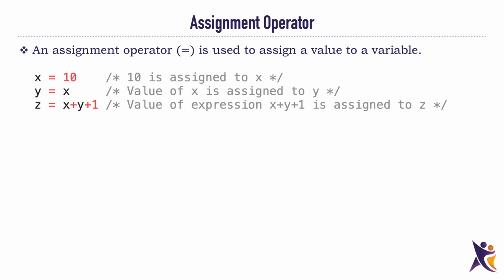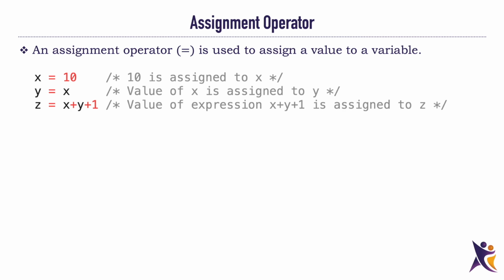In the third expression, we have z equal to x plus y plus 1, which means the value of the expression x plus y plus 1 is assigned to the variable z, right? In these three examples, if you observe, we have an LHS, an assignment operator which is equal to, and an RHS, right?